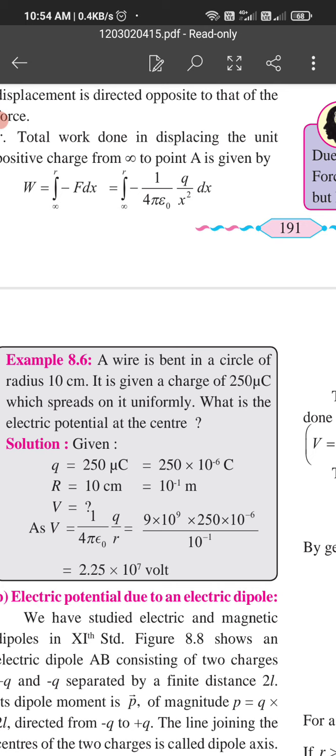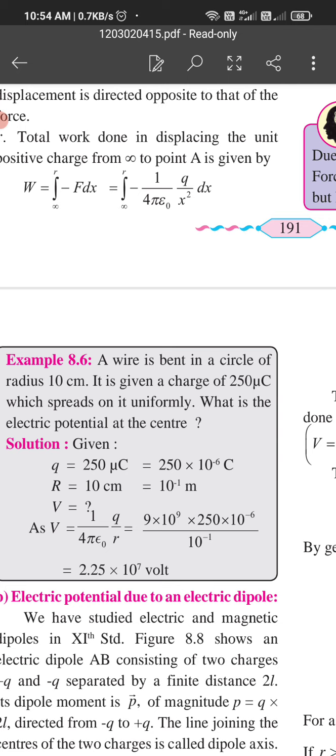Given Q is equal to 250 microcoulomb, converted into coulomb, that is 250 into 10 raised to minus 6 coulomb. R is equal to 10 centimeters, converted into meter, that is 0.1 meter. And we are going to find the electric potential V.